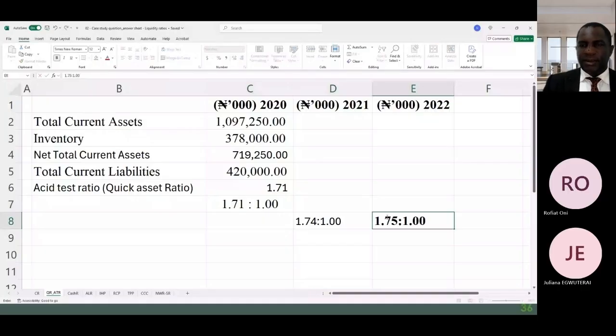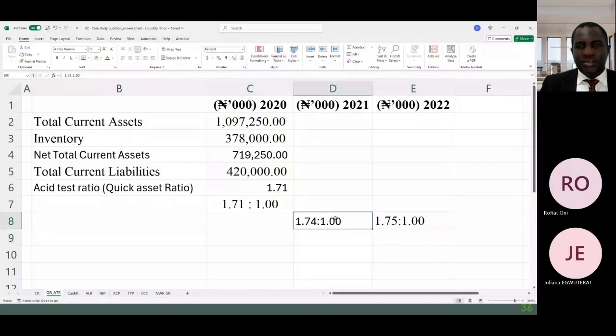Okay. As Aisha settles down, Rufi, we are waiting for you. Do you have a differing opinion or a differing figure based on what Julie calculated? Let's hear you. 1.74, 1.75. So from 1.71, the company keeps doing well. 1.74, 1.75.